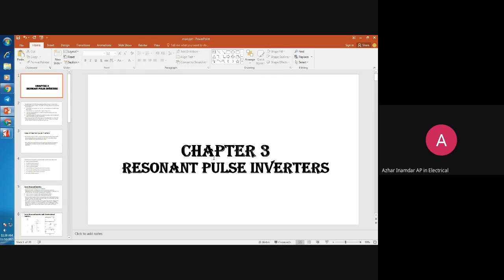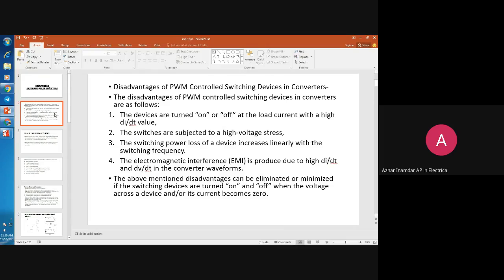And before starting the series resonant inverter, which is our first point, we are going to have a look at the need of resonant pulse inverter. Why it has been introduced or invented. This has been introduced in order to eliminate the disadvantages of PWM control, which we are going to use as switching devices.